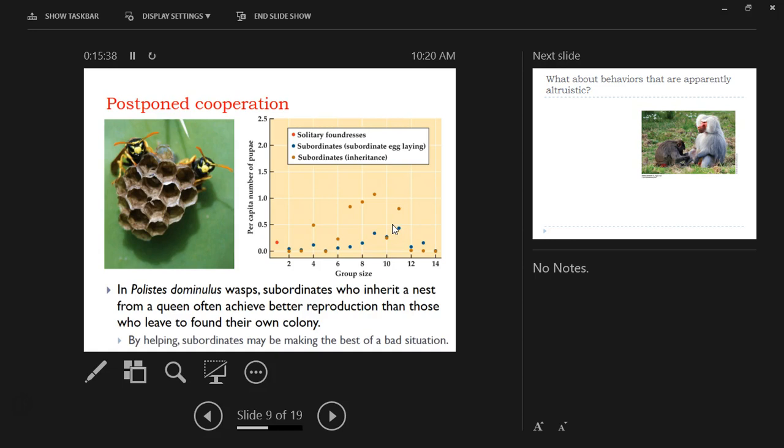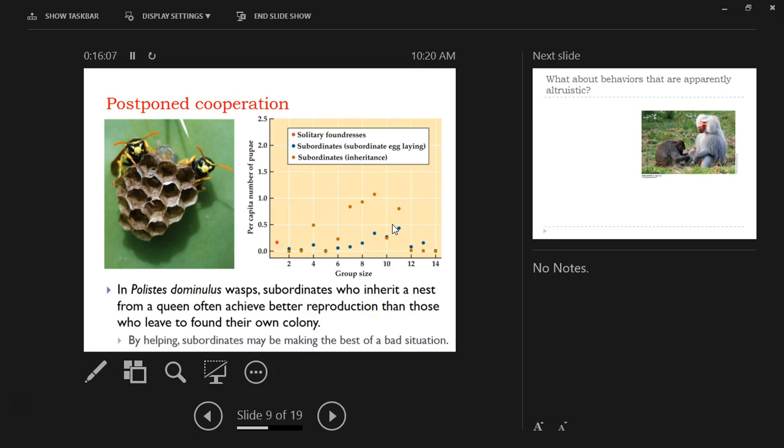So those subordinates who later inherit the nest, their lifetime reproductive success in terms of number of pupae raised really shoots up. And so it seems as though the benefit to the subordinate is that they are sticking around, staying at this nest, and hoping to later inherit the nest and benefit then. So they're not benefiting now, they're paying a cost now, but they will benefit later.